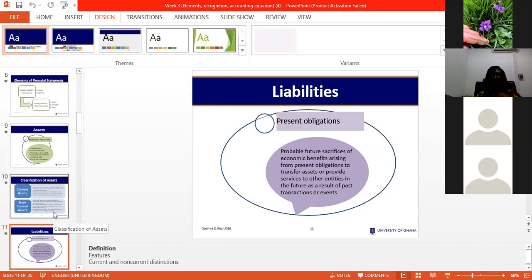So that is the classification for assets. Then we also have liabilities. We have learned that an asset is any resource that can bring in some future benefit, and the transaction about that resource would have happened in the past, that event.